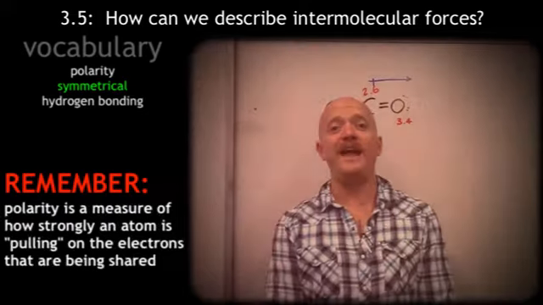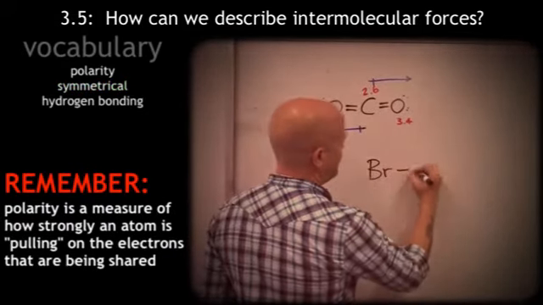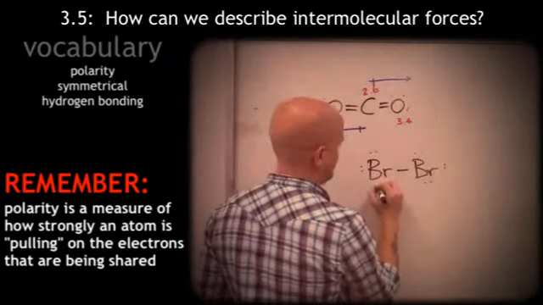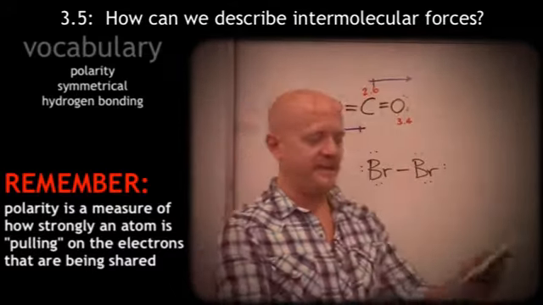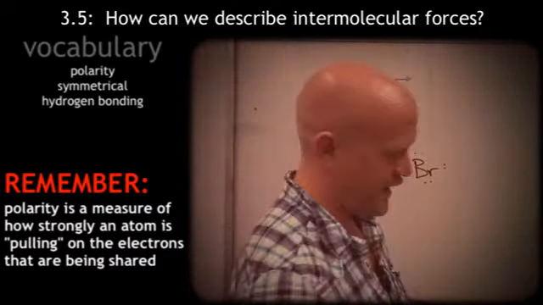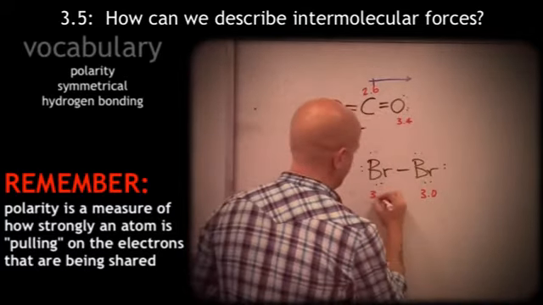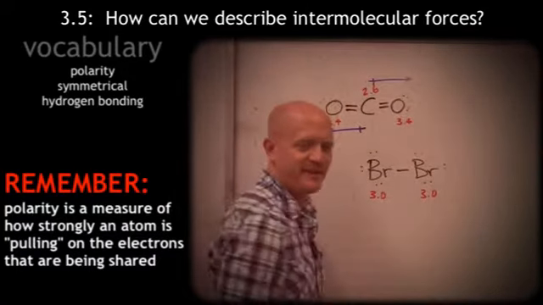An example of a non-polar bond, we're going to use bromine. When you look at bromine, you're going to notice that the electronegativity value is 3.0 for both of them. Because they have the same value, there's no difference in electronegativity.